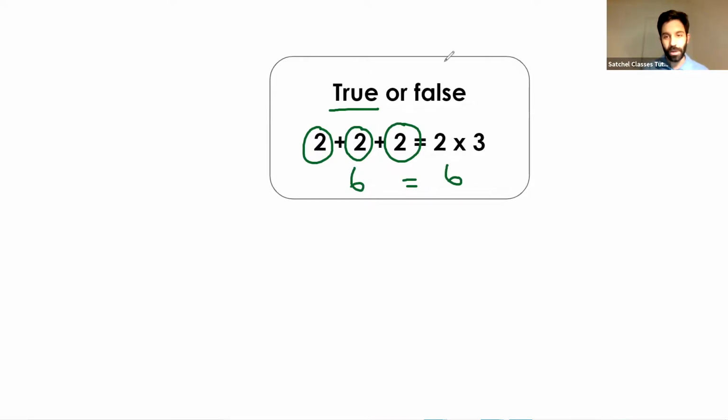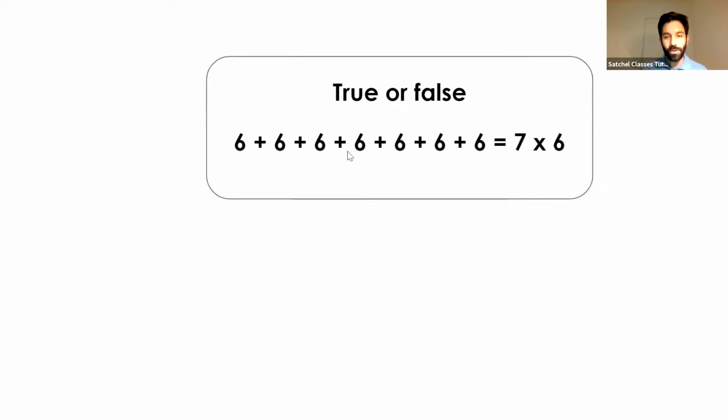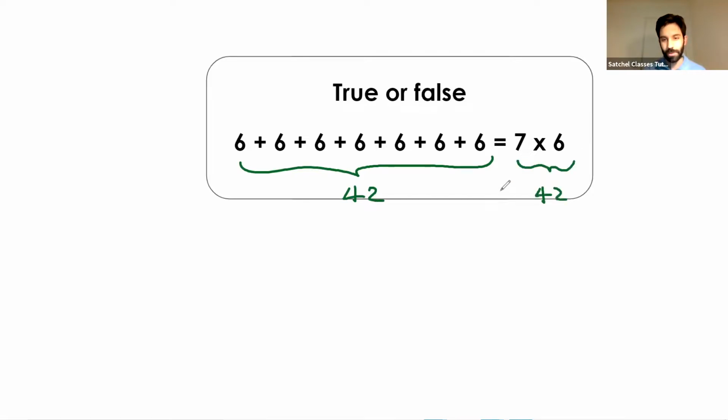Let's do another example. Again, have a look at this. You can pause the video and ask yourself, is this statement true? The answer again is yes, because 6 plus 6 plus 6 plus 6 plus 6 plus 6 plus 6 makes 42. We've added 6 seven times, and 7 times 6 is also equal to 42.